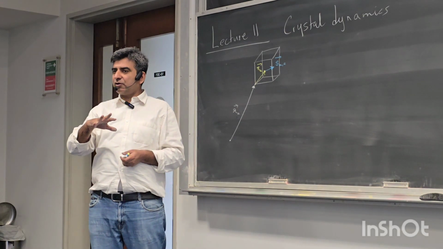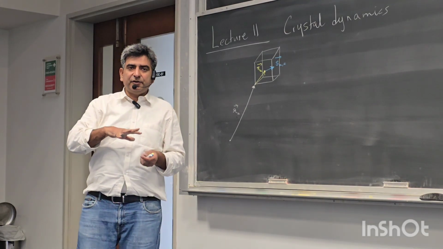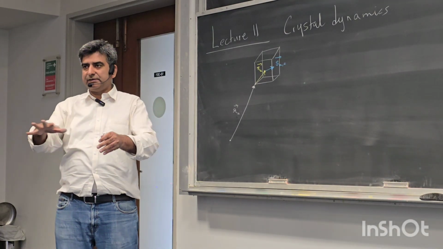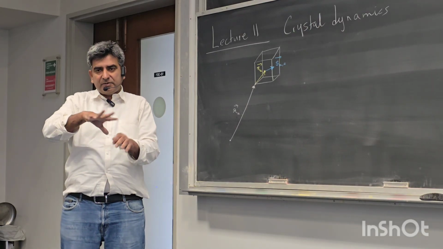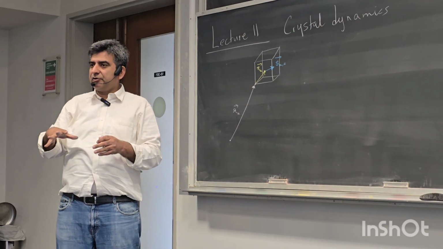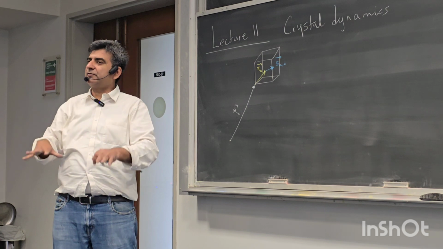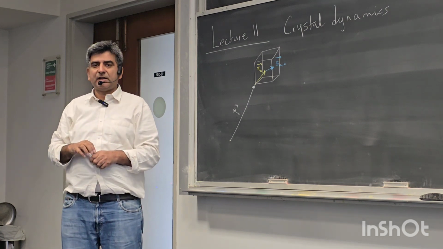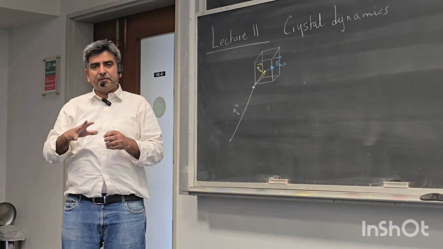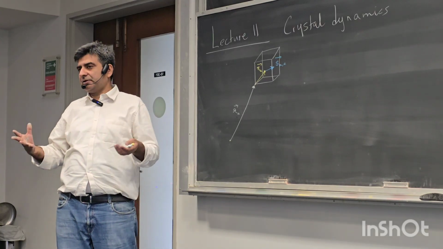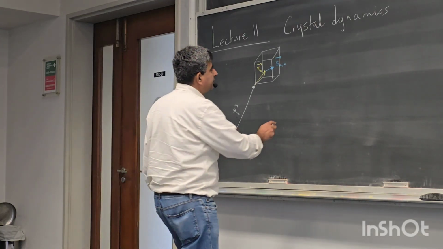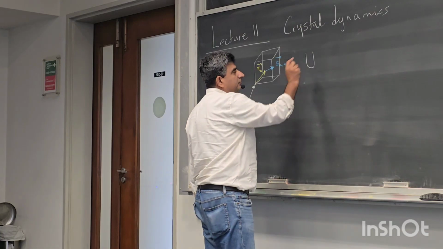We assume that the electrons are very light, so whenever these nuclei or cores oscillate, they create a new potential and the electrons immediately readjust to that new potential. So the electrons are always in the ground state. But the atom or the crystal itself will have some energy. Suppose that energy is U.